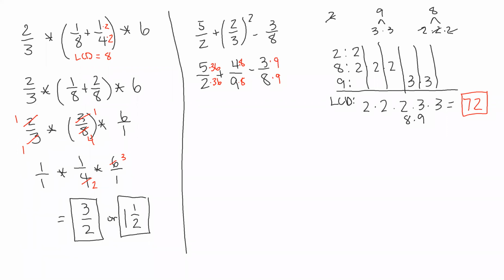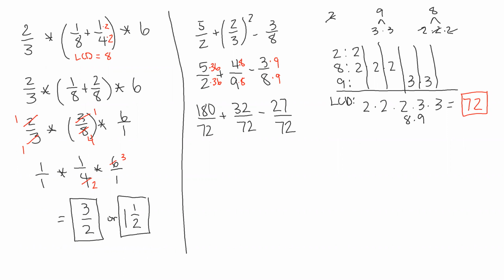Now, let's do a little work. 5 times 36 gives us 180 over 72. 4 times 8 gives us 32 over 72. And then 3 times 9 gives us 27 over 72. So now I have common denominators.